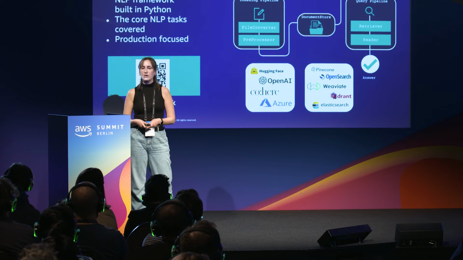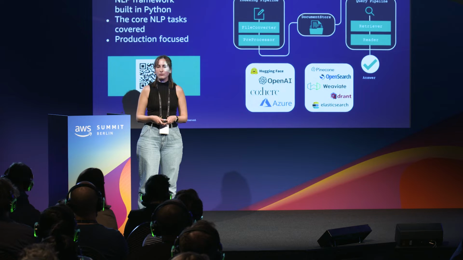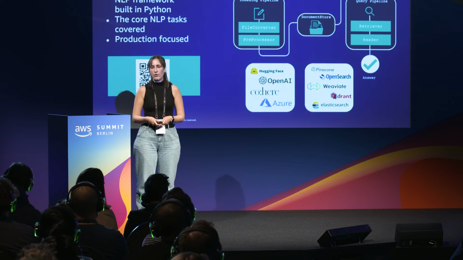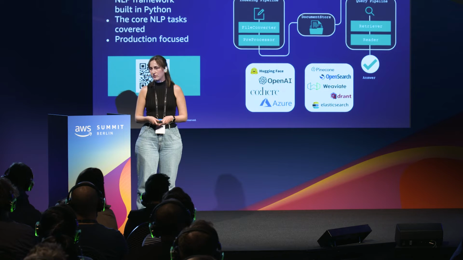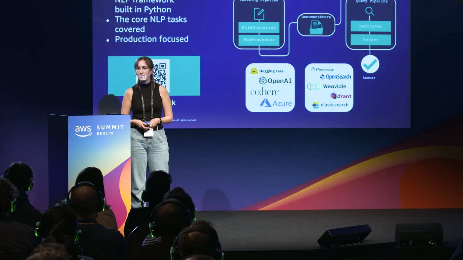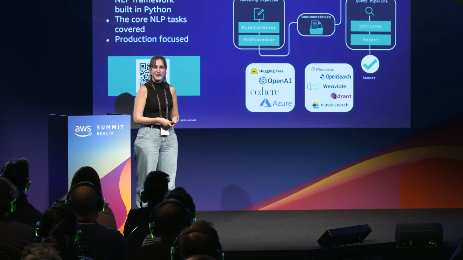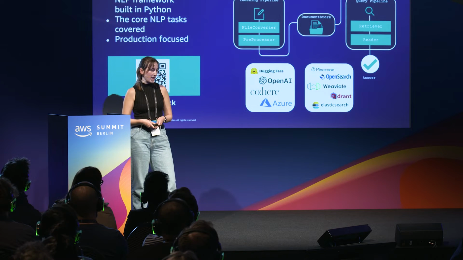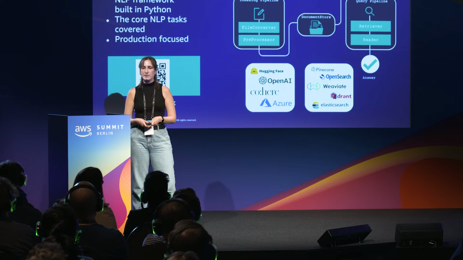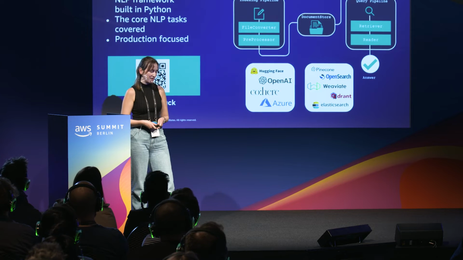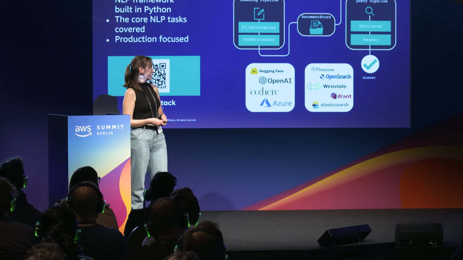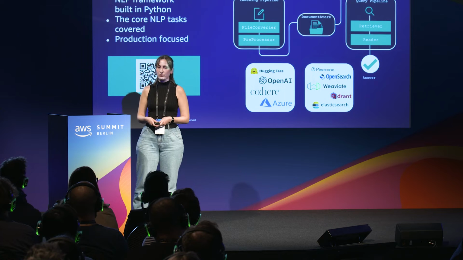It gives you a choice of which model providers you want to use, whether that is open source via Hugging Face, or OpenAI, Cohere, Azure, along with, of course, the choice of what kind of database you want to use. That might be a vector-optimized database, it might be Elasticsearch, OpenSearch, and so on. And if you scan this QR code, you'll be able to see our GitHub repository for Haystack as well. All right, so we talked about the right-hand side of this pipeline, a retriever followed by a reader.